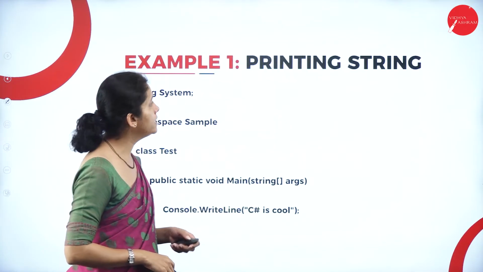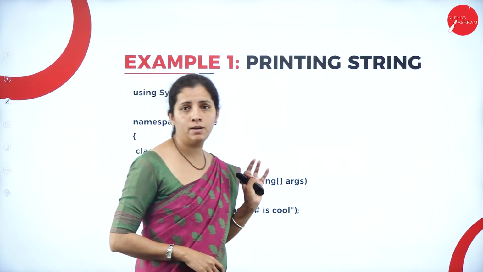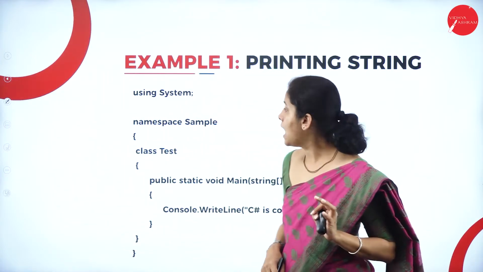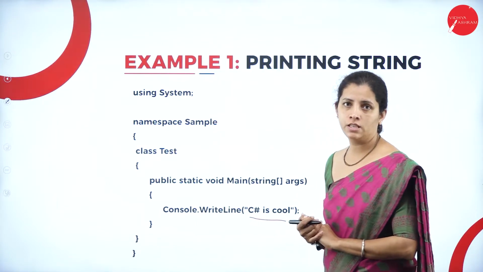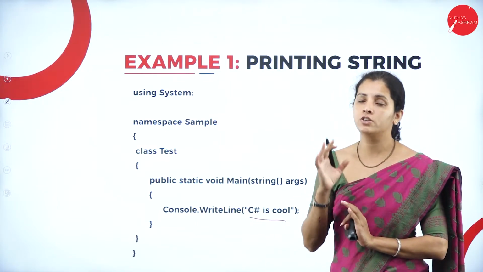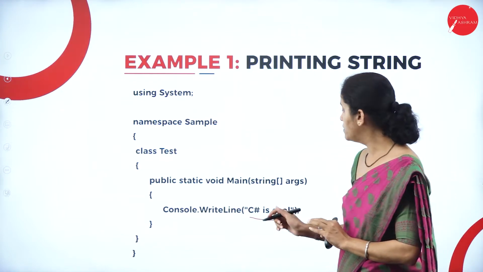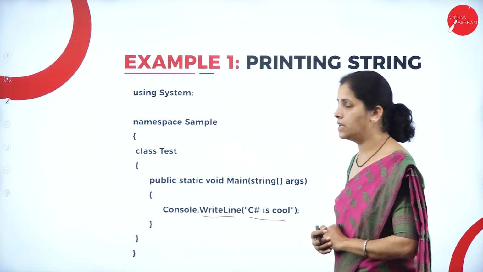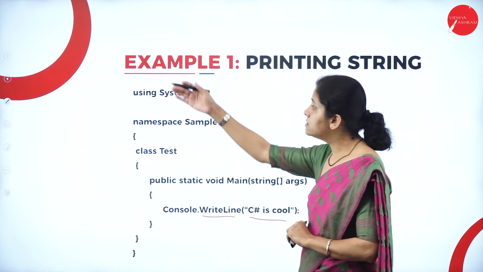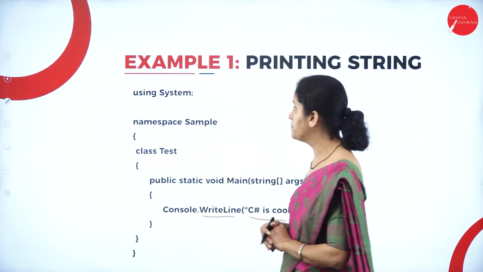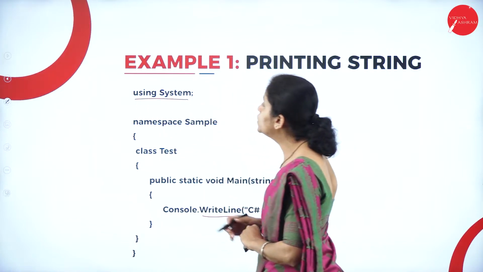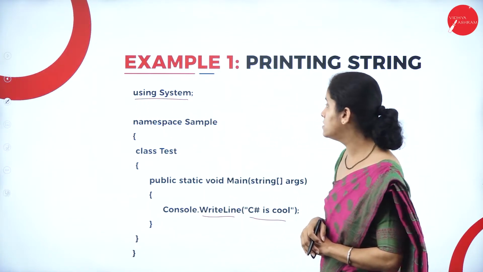Now dear student, let me consider a simple program where I want to display some message. That means I want to give some message. So what I will do? I will use WriteLine. And see, this is the structure of C# programming. At the beginning, I want to use using System.